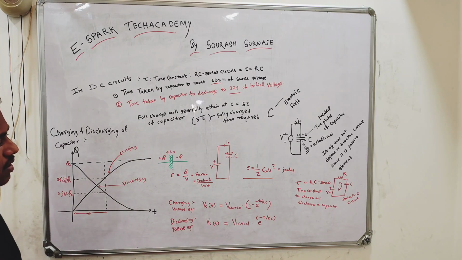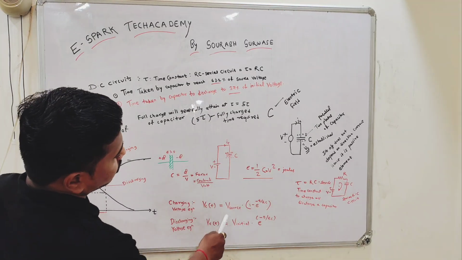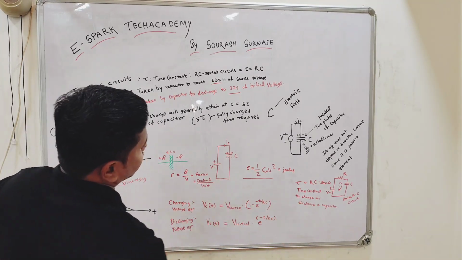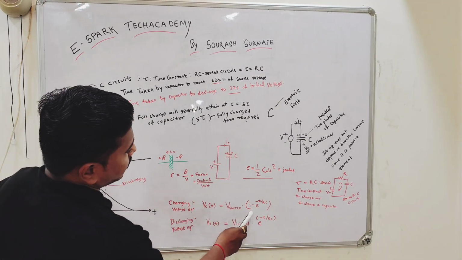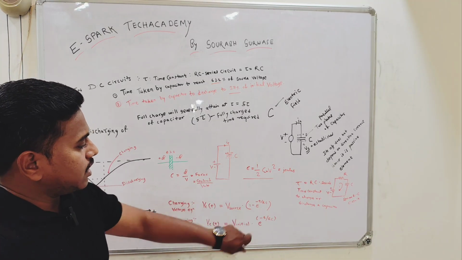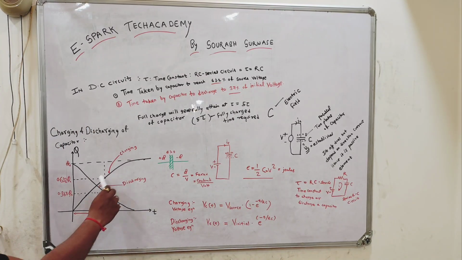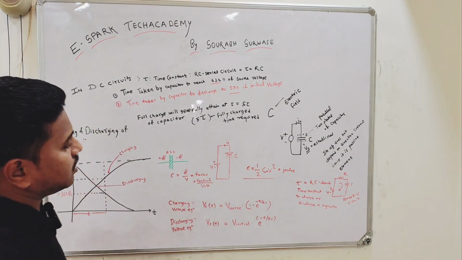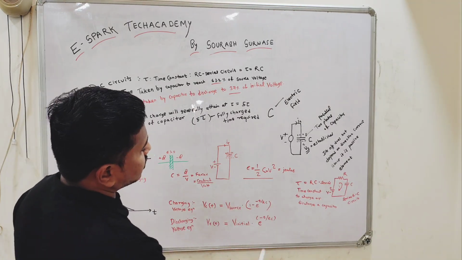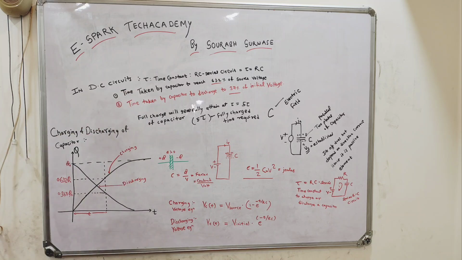Vc(t), the voltage across the capacitor, is given by V source, the voltage applied, times (1 minus e raised to minus t by RC). It is exponentially rising, which is why we take this exponential constant, and t is the time in seconds, and RC is the time constant. I have just explained this.